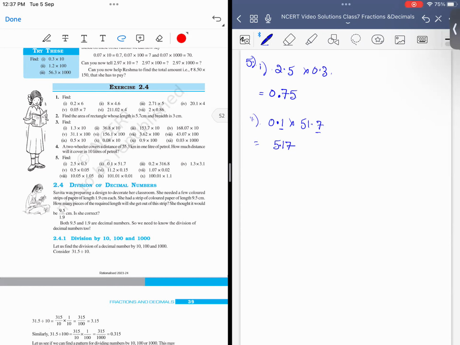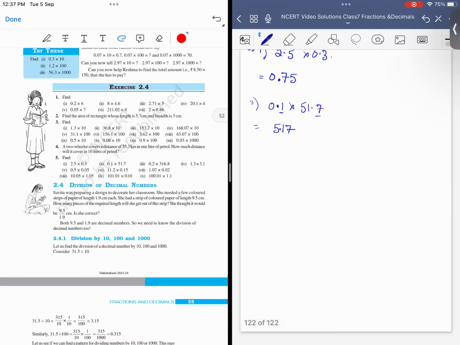To multiply, we just have to multiply the numbers as they are without considering the decimals, and then after finding the product, add all the decimal places. If the first decimal number has 2 decimal places and the second has 1, the total is 3. So the decimal will be put after 3 decimal places from the right. That's it.